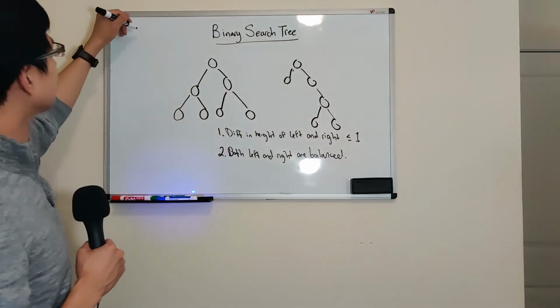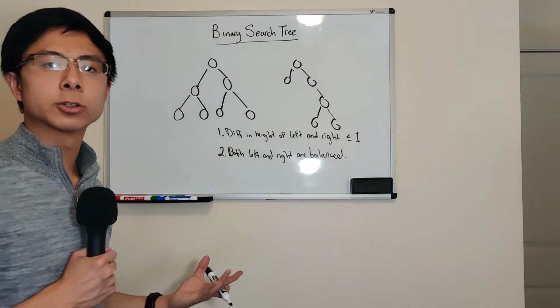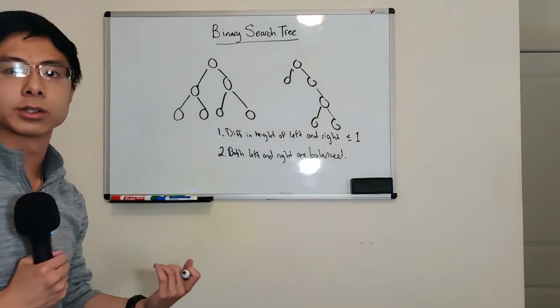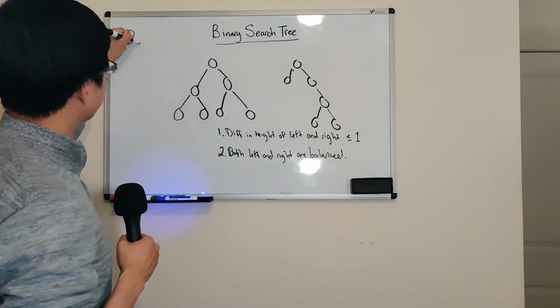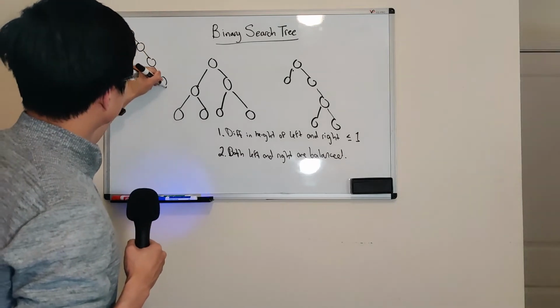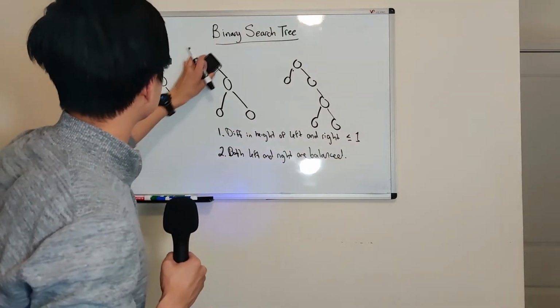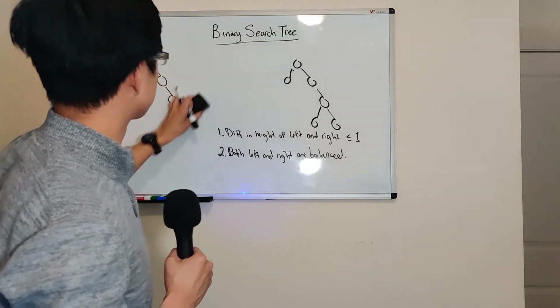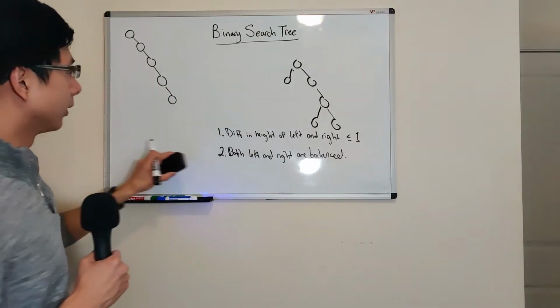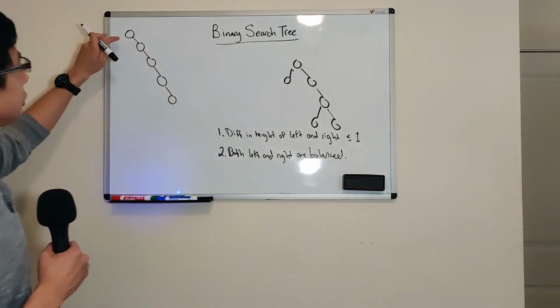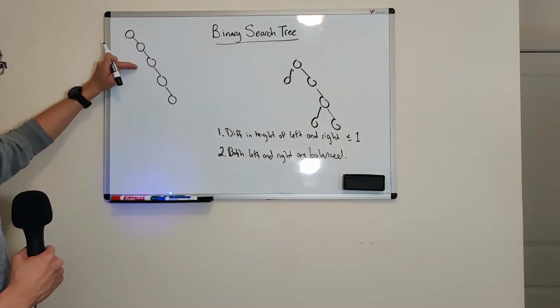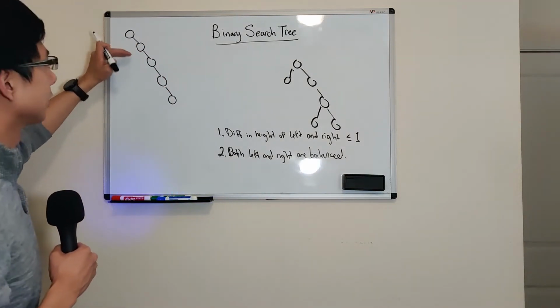So why is this important? Well, let's talk about the worst case in a tree that isn't balanced. Let's say I want to do binary search, but I have a tree that looks like this. Well, what ends up happening to time complexity is you have to check this node, then this node, because you have to check one node per level. So we check this one, then this one, this one, this one.